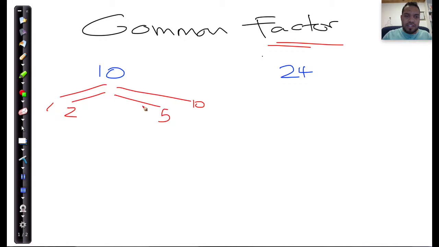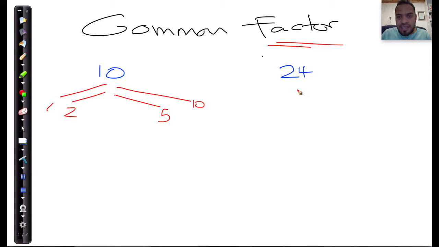Therefore 5 goes into 10 2 times, and 2 goes into 10 5 times, and each of those are considered factors. 3 doesn't go into 10, 4 doesn't go into 10, 5 goes into 10 2 times again, and then the factors start to repeat themselves. The moment the factors repeat themselves, we consider those all the factors. So I've listed all the factors of 10.